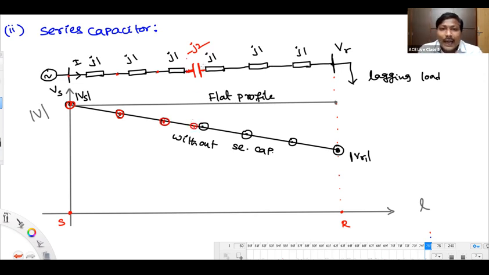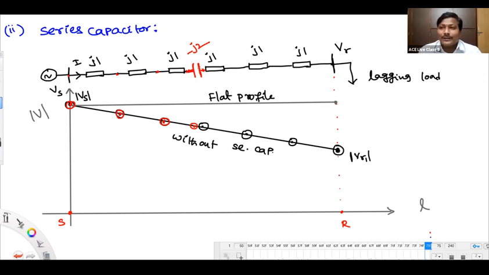But you see, after crossing the series capacitor, what is the net impedance causing the drop? j3 minus j2, that will be j1.